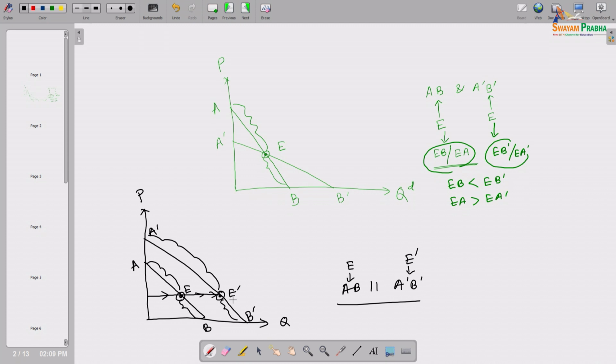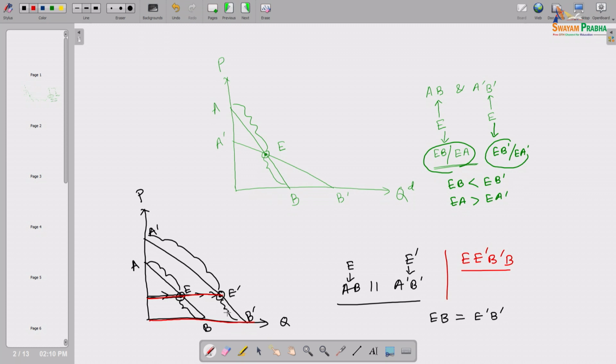In both cases the numerators EB and E prime B prime are the same, because this red horizontal line is parallel to the horizontal axis and the two demand curves AB and A prime B prime are parallel to each other. So E prime B prime B is a parallelogram, and EB equals E prime B prime.